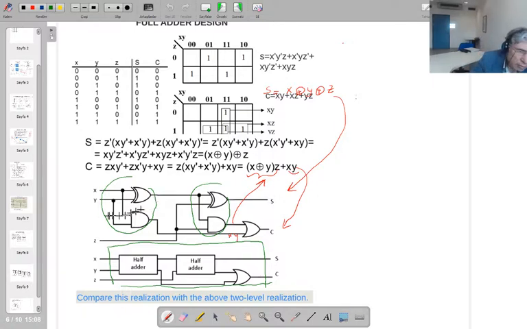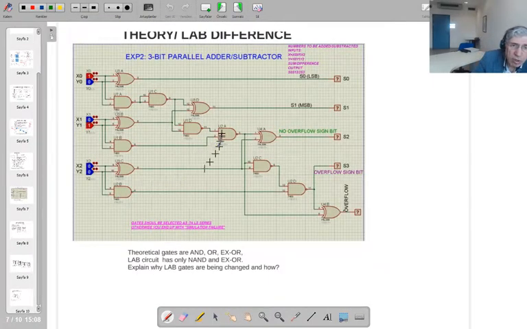In the lab, you have done this realization. If you compare this realization with the previous one, in the previous one you've got XOR gate, AND gate, XOR, AND, and also an OR gate, isn't it?